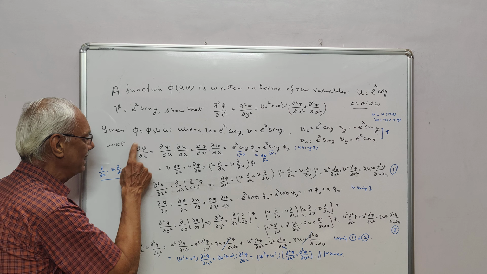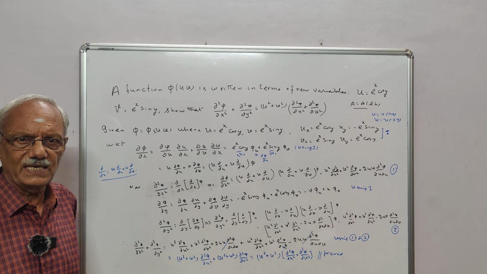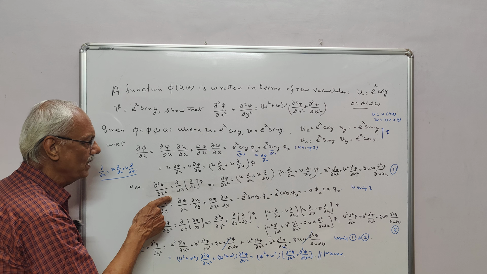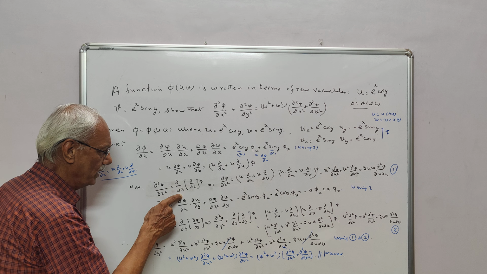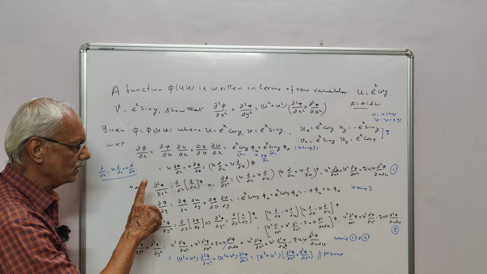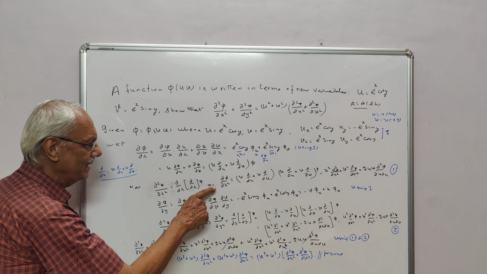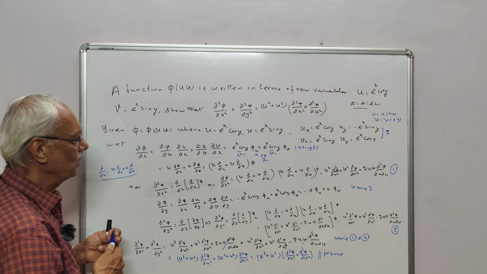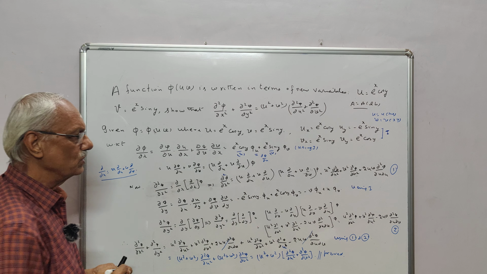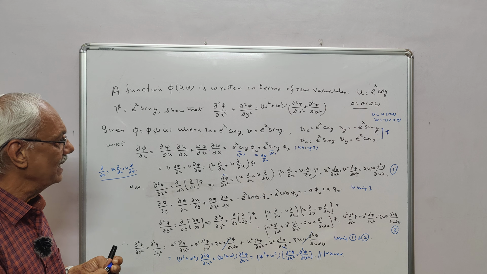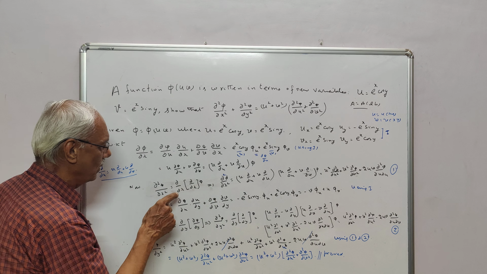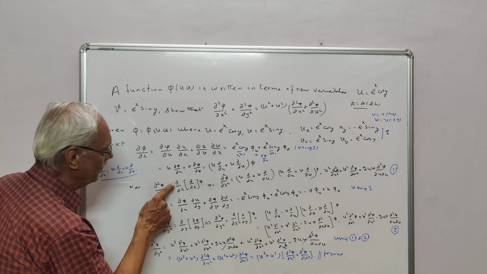Then I go for the second derivative of this with respect to x again. That is dou square phi by dou x square. But dou square phi by dou x square is nothing but dou by dou x of dou phi by dou x.